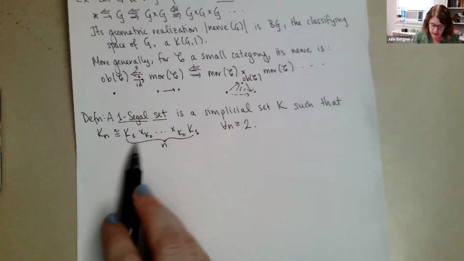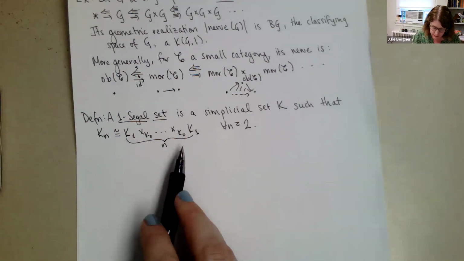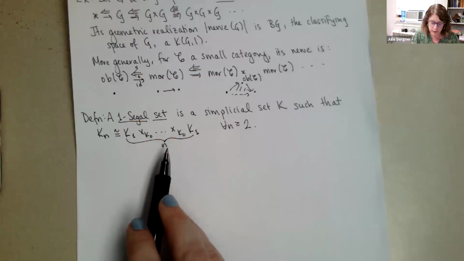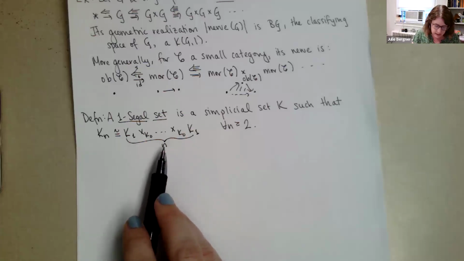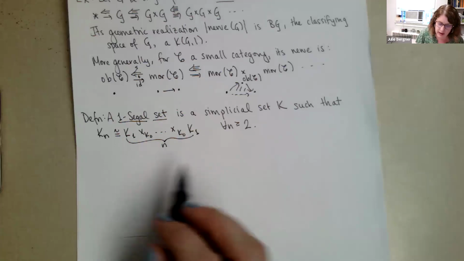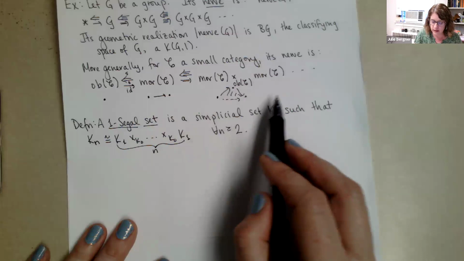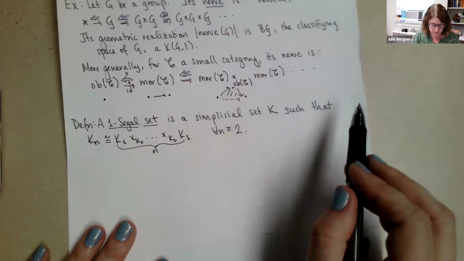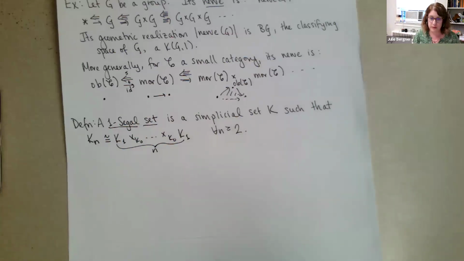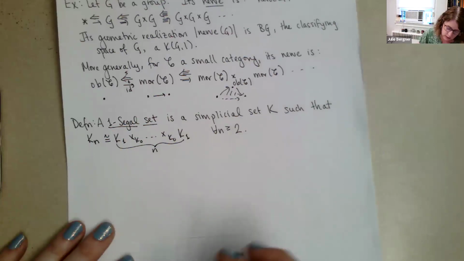Now, if I really want to make this a complete definition, I need to tell you what this pullback is. And the idea is that I want to think of this as a generalization of what I have here. I want it to be a string of n composable morphisms, and I want to be able to build that up to an n-simplex.